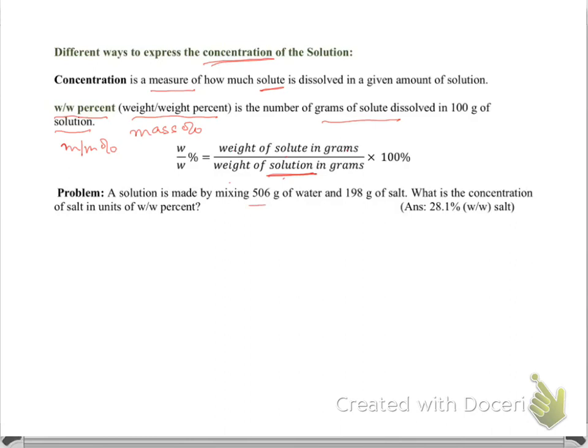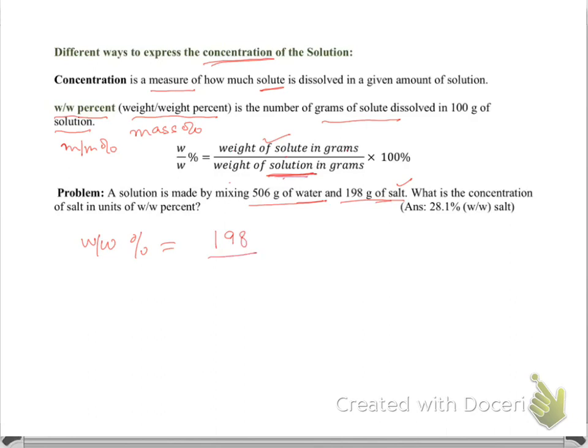A solution is made by mixing 506 grams of water and 198 grams of salt. What is the concentration of salt in unit of weight by weight percent? So weight by weight percent is, on the top is the weight of the solute. Which one is the solute out of these two? Salt is, because that's present in the smaller amount, 198.